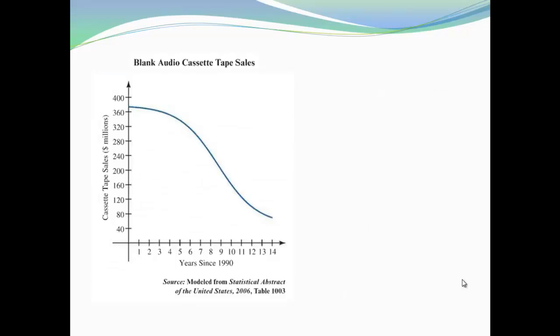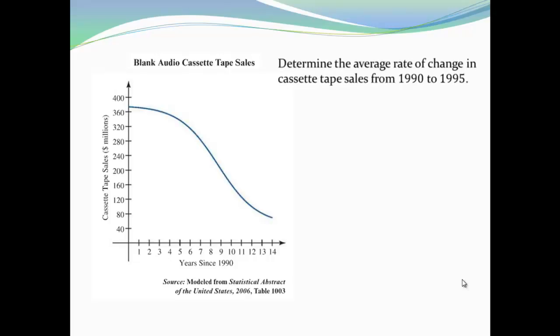So let's look at average rate of change graphically. Let's say we want to determine the average rate of change in cassette tape sales from 1990 to 1995. Well, we still want to find the change in Y with respect to the change in X. So we need to establish what our X1, Y1, and X2, Y2 are. We need to find the data point that corresponds to 1990.